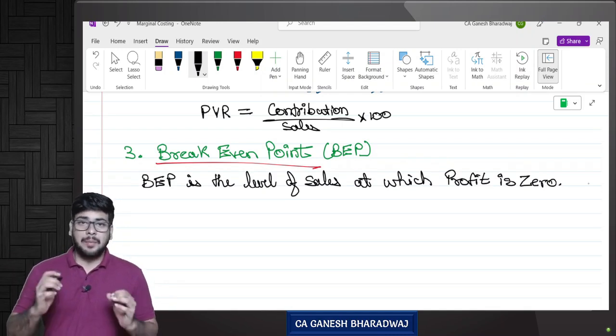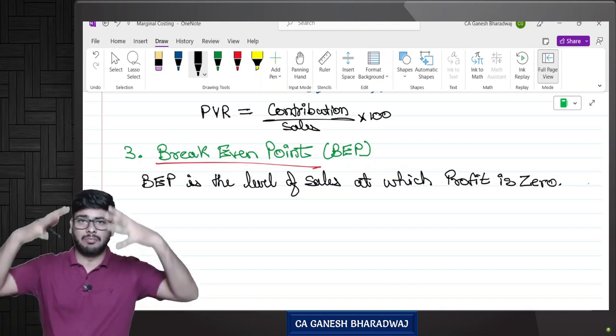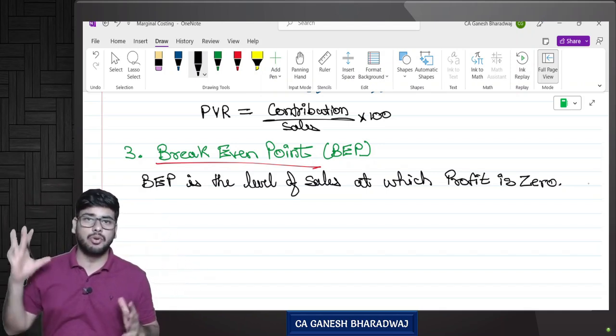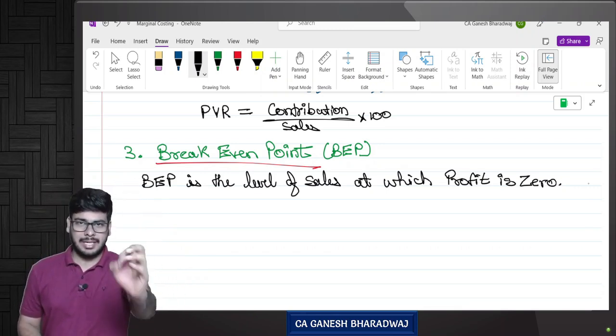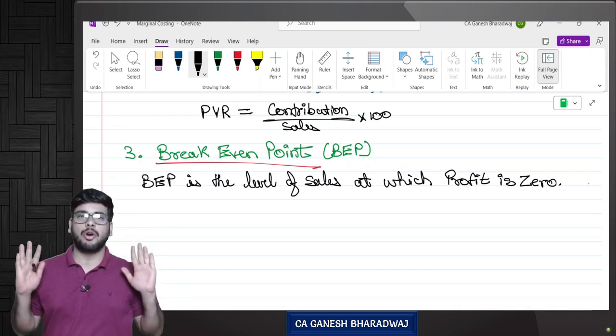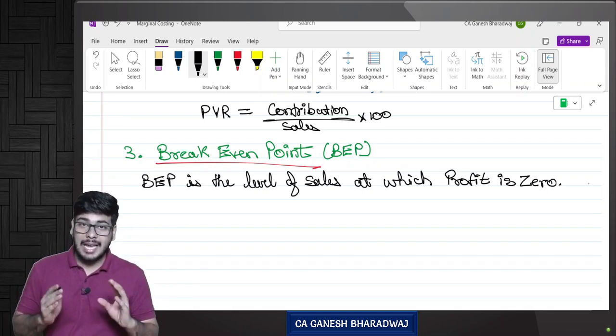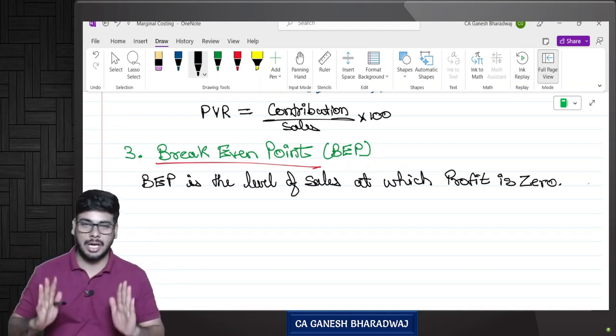First you understand, break even point is not some out of the blue concept. Break even point is a point of sale. It is some point of sale at which my overall profit is zero, or in other words, I neither make a profit nor do I make a loss. Are you clear with this?